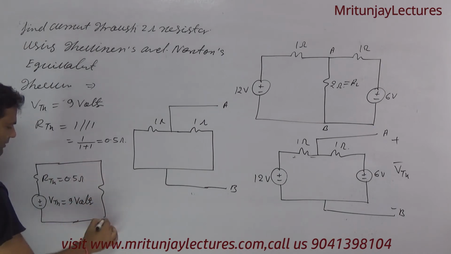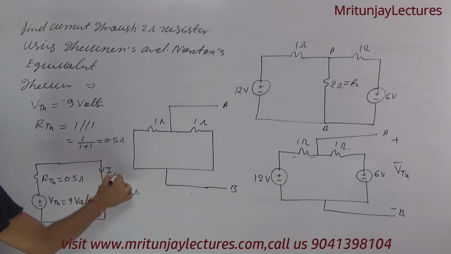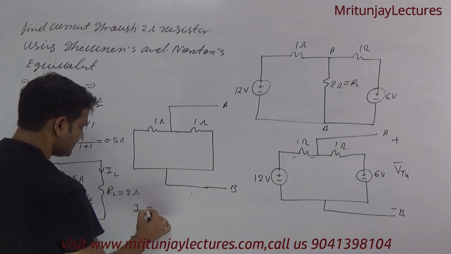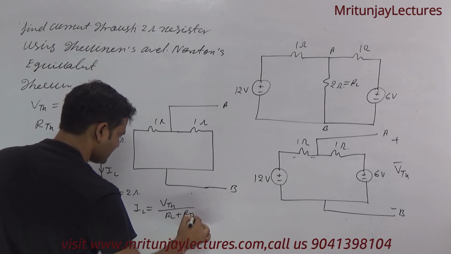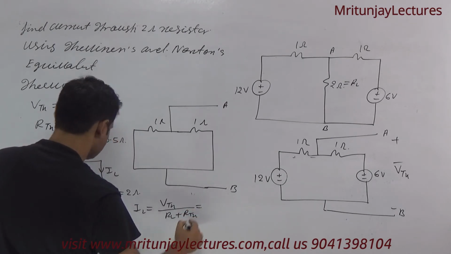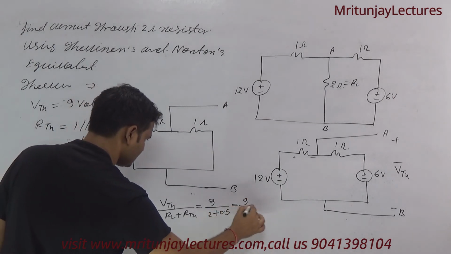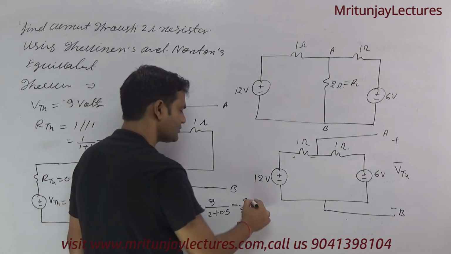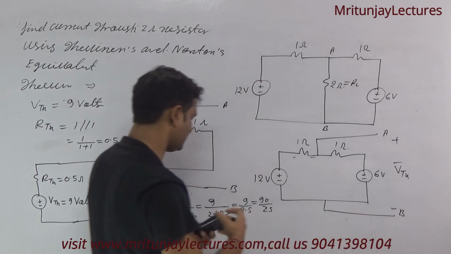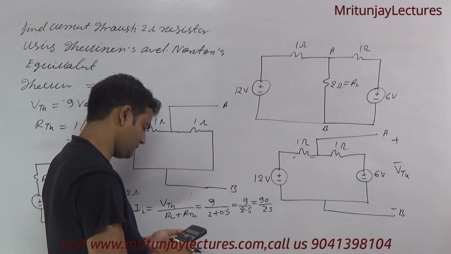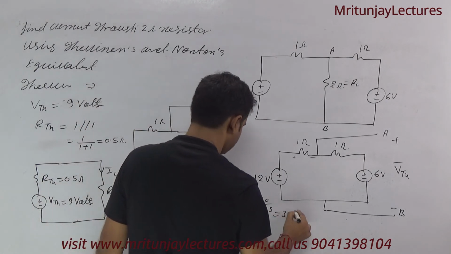And what about RL? RL is 2 ohm. Our motto is to determine the current. Okay, so IL is written as VTH divided by RL plus RTH. So that is 9 divided by 2 plus 0.5, that's 9 by 2.5, so 90 divided by 25, that is we got 3.6 ampere.